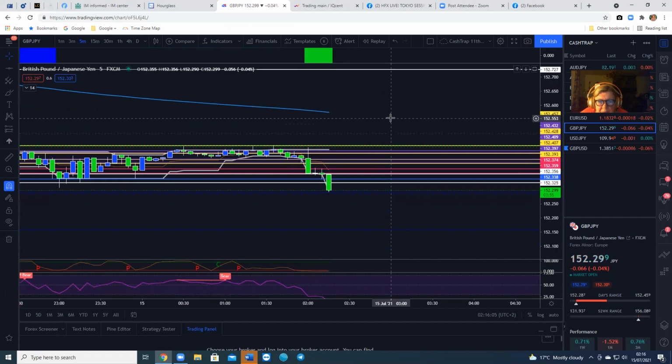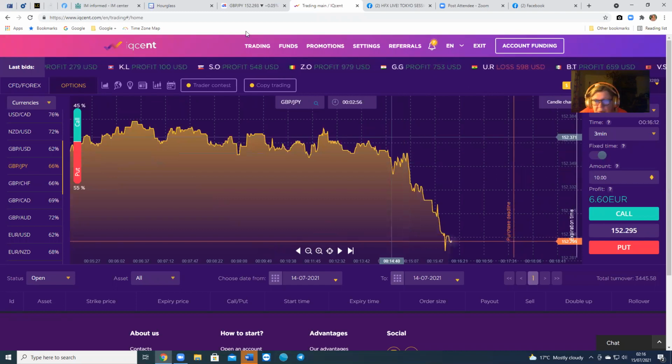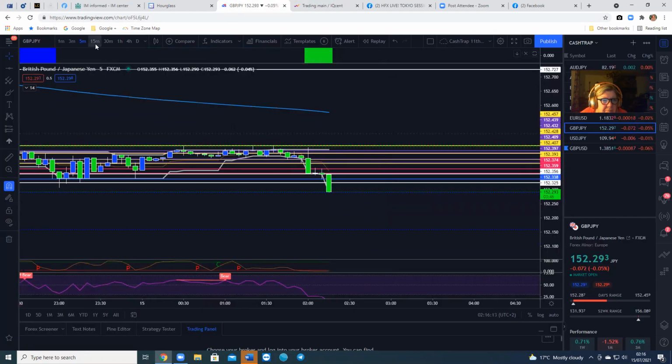Oh, that's really dropping now. Just missed that one. Off the 15-minute at 359. So that's right off that daily white line, and it formed a line of resistance on the 5-minute.